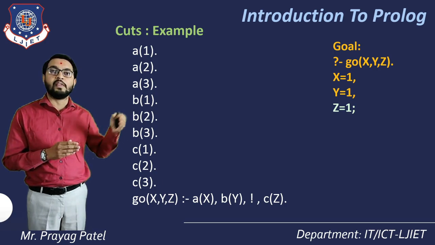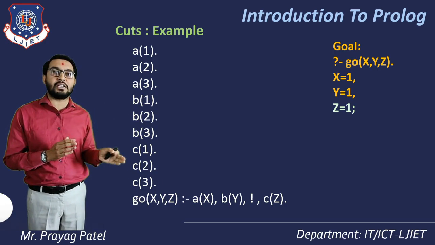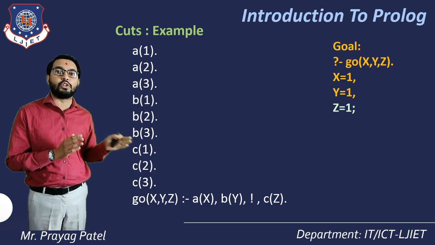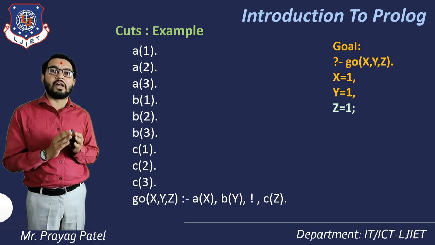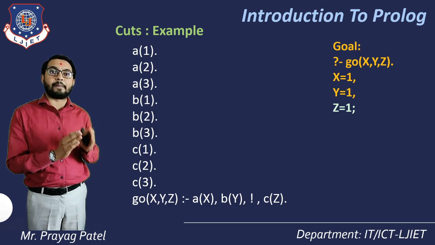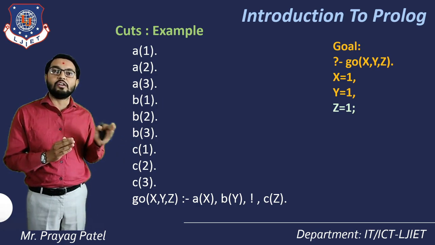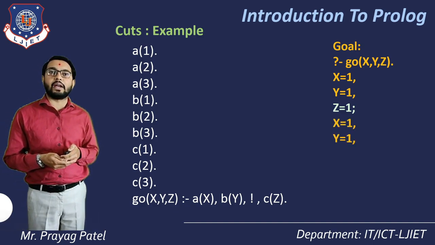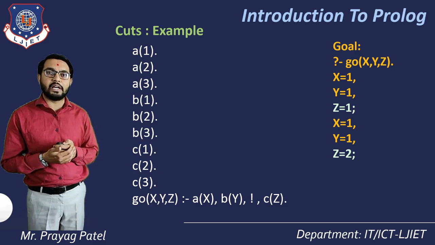For another solution, X and Y are not changeable, because after finding the values of X and Y, we put the cut. After the cut, we cannot change the values of X and Y. Z occurs after the cut, so backtracking is possible for Z only, not for X and Y. So another solution is X equal to 1, Y equal to 1 and Z equal to 2, because another solution for Z is available.